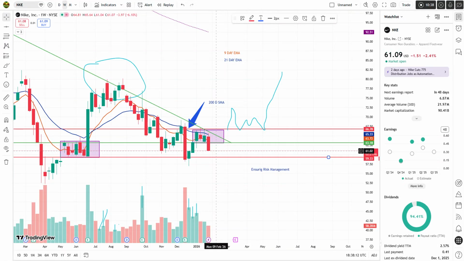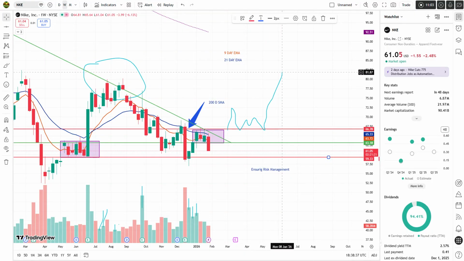So, Nike, what happens now? It has to come to this area with a nice green candle, have adequate support at this area, and you can see that by the volume bars, and once it has established a support right here, then you can know Nike is definitely going to the higher side.